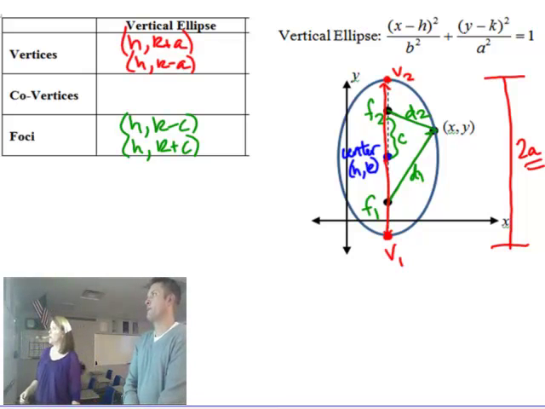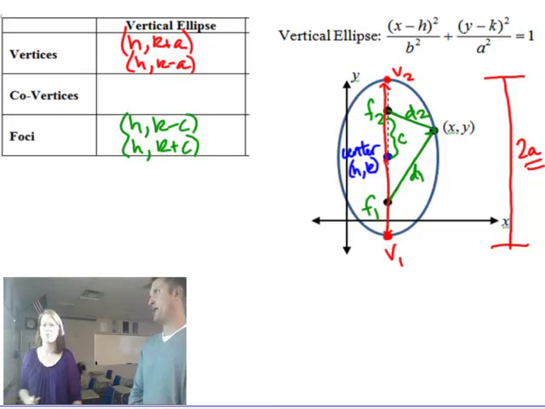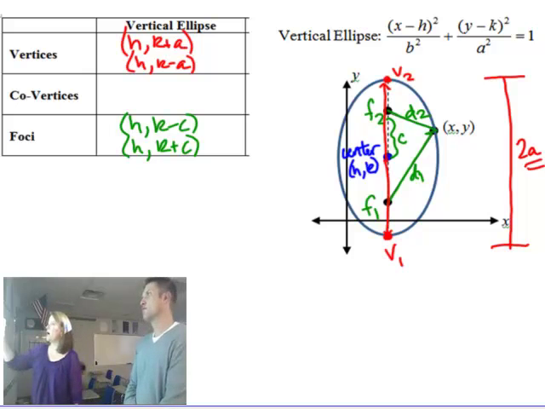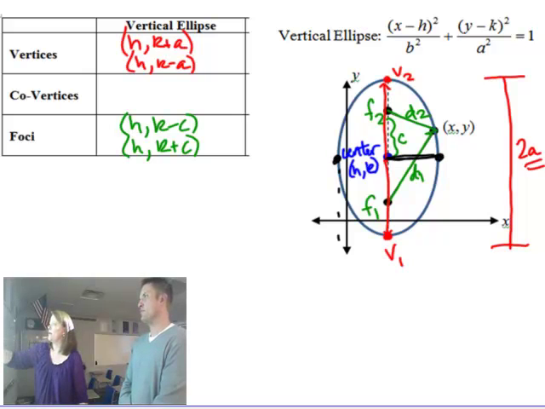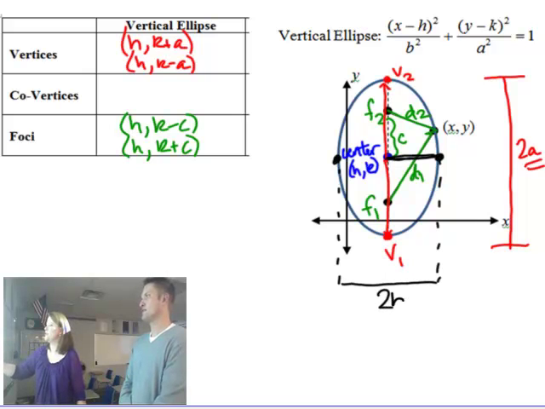All right, so what have we forgotten? Well, we've gotten the 2a, but there's that B value, and how does that apply to our picture? On the graphs that we were taking a look at on the exploration, the opposite direction was the b. Now my picture is getting a little messy at this point, but if I take the furthest point here and the furthest point there and subtract them, that is my 2b value.